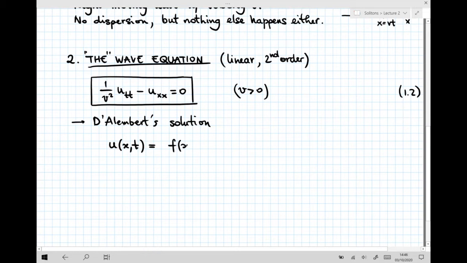One has a profile specified by a function f, and it's a function of x minus vt. And the other one, the profile is specified by a function g, and it's a function of x plus vt. So again, this holds for any functions f and g.